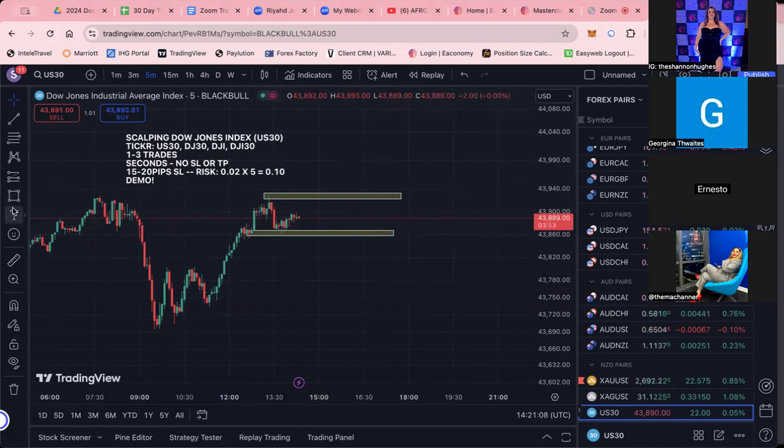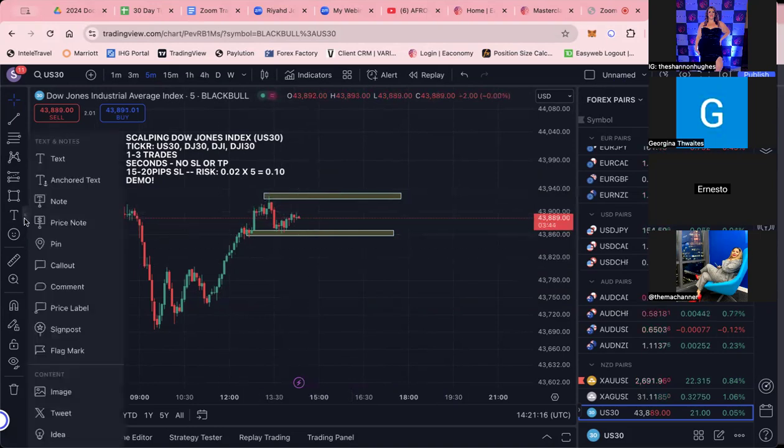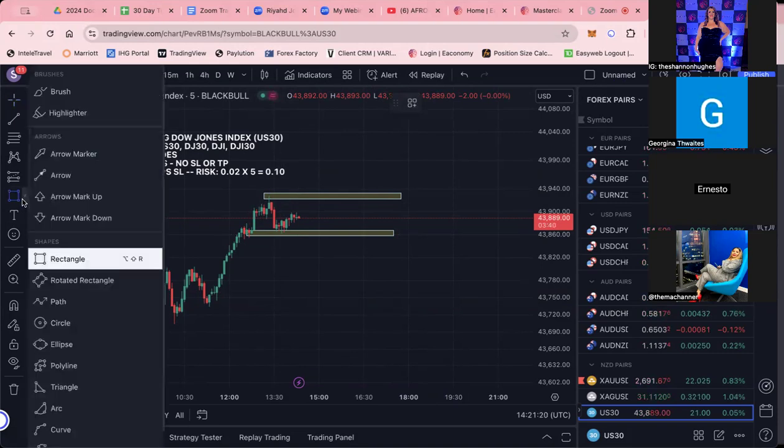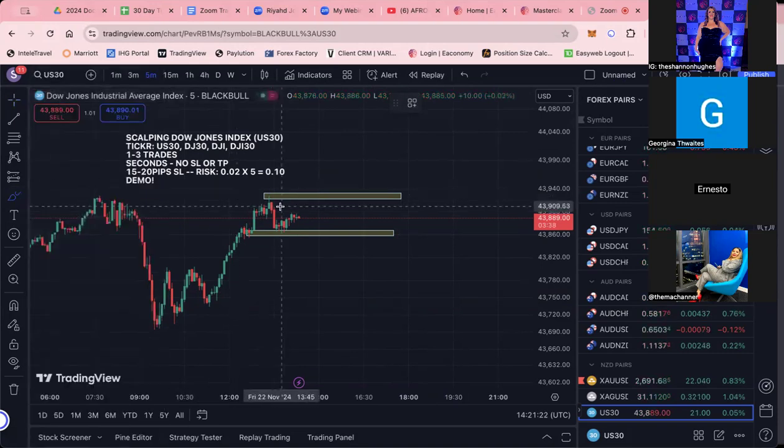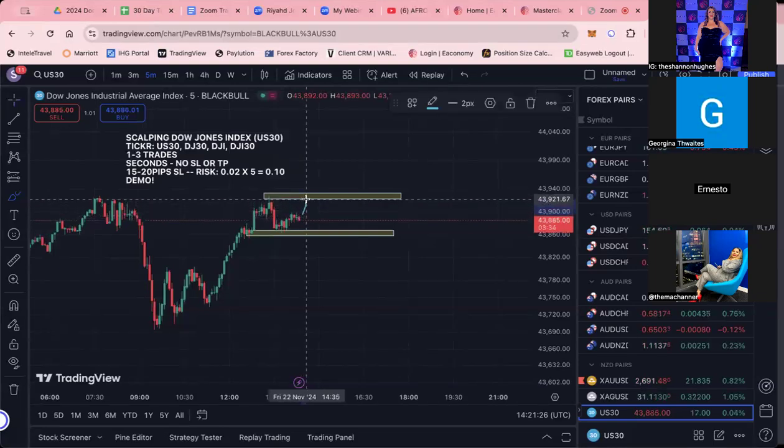When you come on, it's going to look something like this. All he is waiting for is to see if the market breaks the high or breaks the low when the market first opens. That's all. So let's say the market opens and it comes up.